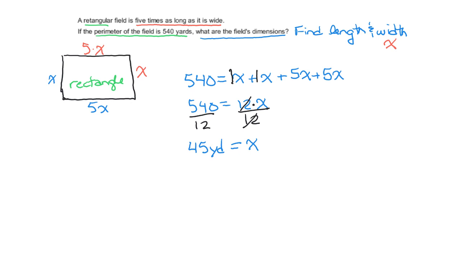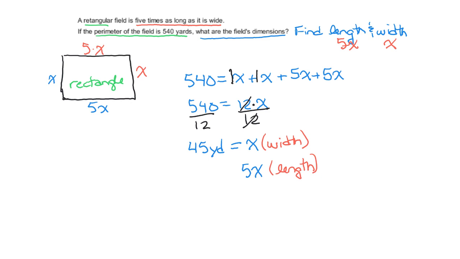Now, if we recall, I said the width is x, and the length over here is 5x. So what we found so far is just the width. We need to find the length. The expression that represents length is 5 times x.